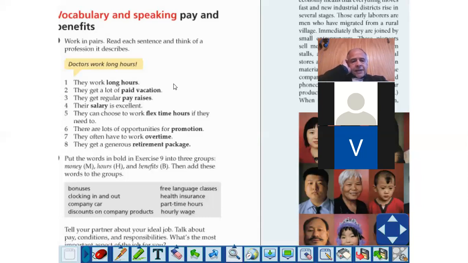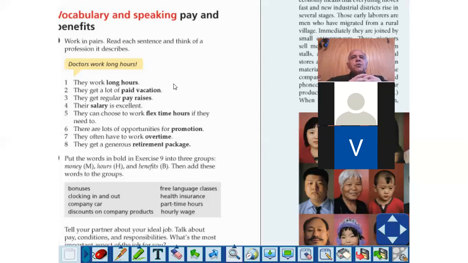Then they can choose to work flex time hours if they need to. What do you understand by that? Flex time hours. They can work extra time, overtime if they want to. Could be, but I would say more than that, Kimberly. Flex comes from flexible, flexible time hours. That means you don't have a fixed schedule.